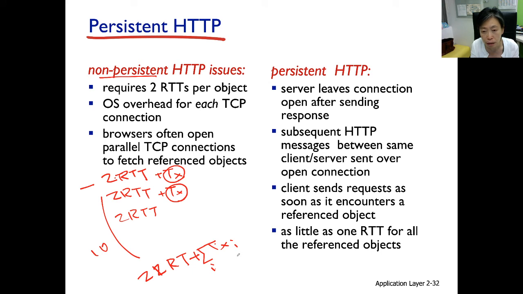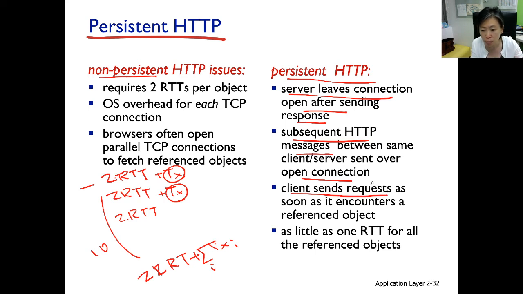All right. Now, for persistent HTTP, the server is going to leave the connection open after sending the response. So subsequent HTTP messages between the client and server will be sent over the open connection. The client can send requests, as I said, right?